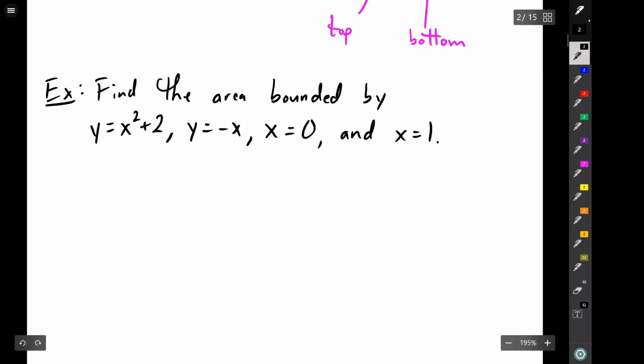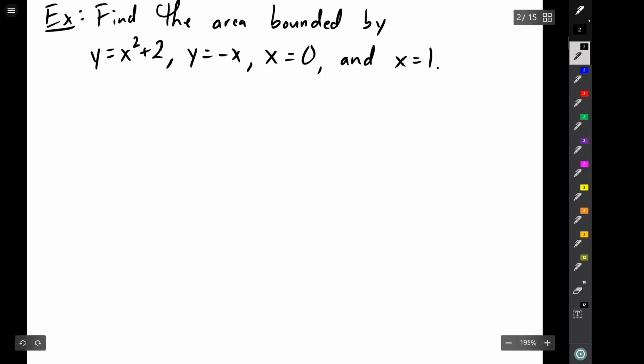So we want to find the area between these two that's bounded by these graphs. So let's graph all these things.